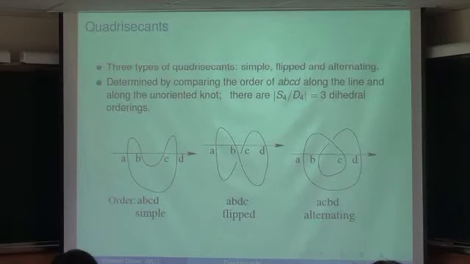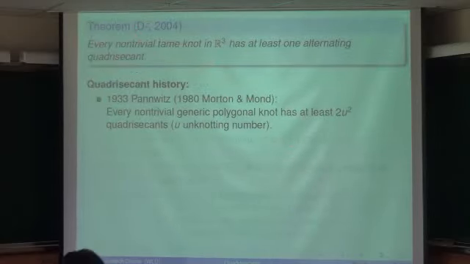This should make you happy because there's some winding around here. It's not like the unknot. So if you're knotted, something interesting is going on, you expect to see something like this. So this is a theorem I proved quite a long time ago. If you're a non-trivial, tame knot, you have at least one alternating quadrisecant.